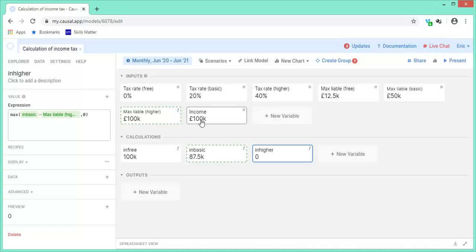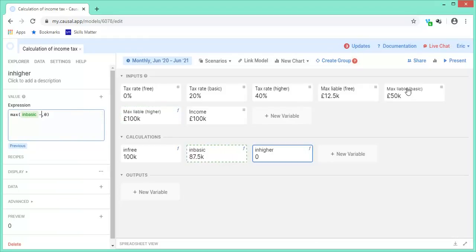So let's change this income slightly. Is that right? Basic. No, sorry, it's a mistake. It should be maximum liable basic.